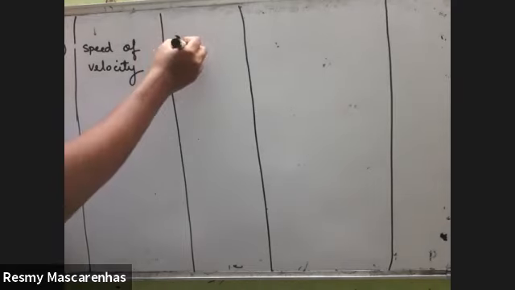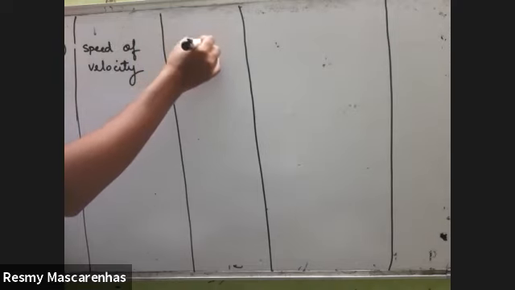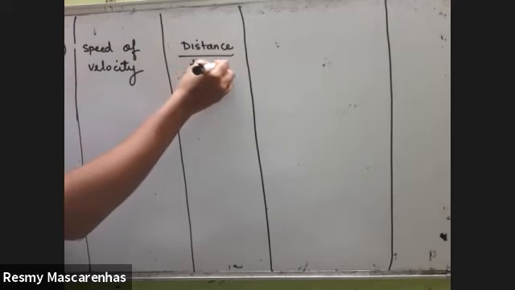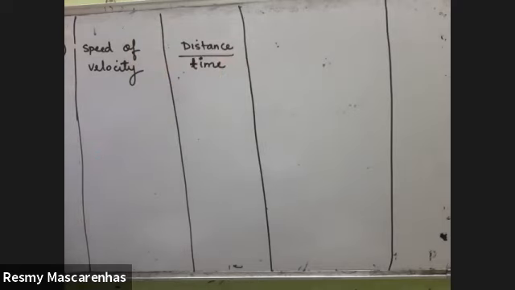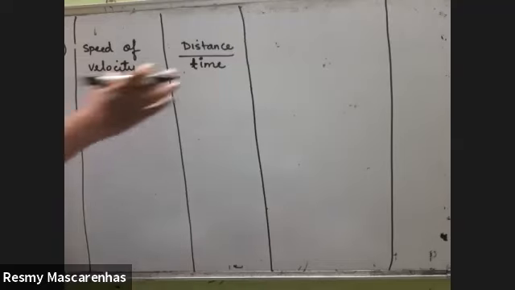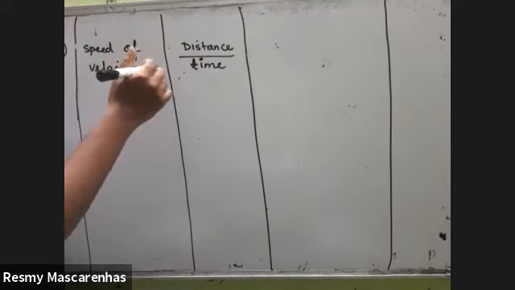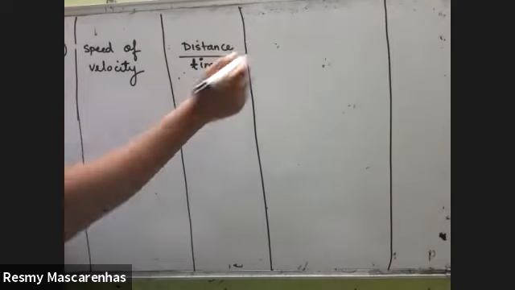Speed is distance upon time. So distance means definitely length. When you're measuring distance, you will be measuring its length. So for length, we will have to put the dimensional formula here.